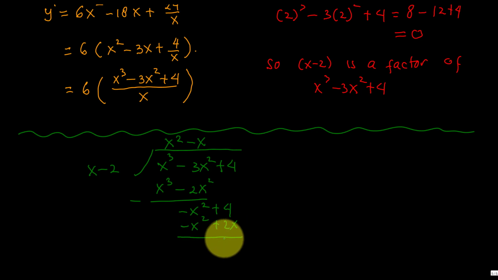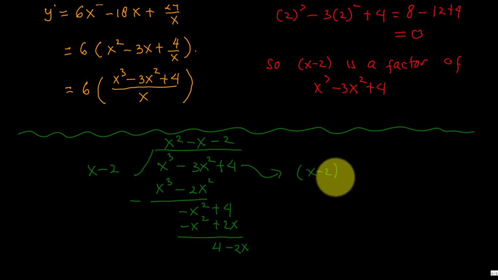We subtract again, and it's going to be 4 minus 2x, so that's going to be negative 2. This indicates that this can be rewritten as x minus 2 times x squared minus x minus 2.